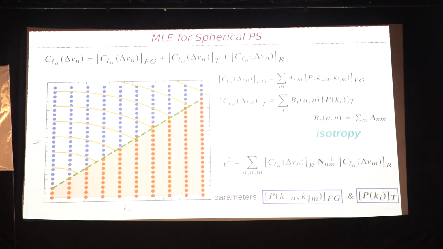Through this, we impose the isotropy of the signal, and this P(k) is our parameter to be estimated, and this is how we define the chi-square. That is the measured signal minus the model. These two are the model, and the third one is the residual, which is expected to be consistent with the noise. And this N is the noise covariance matrix, and these are the parameters that we estimate.